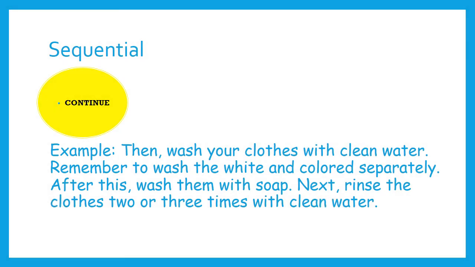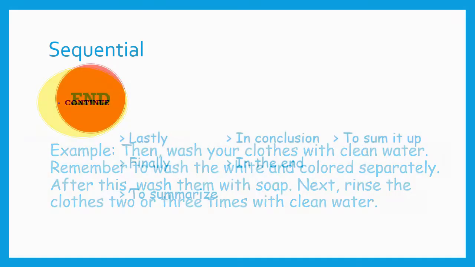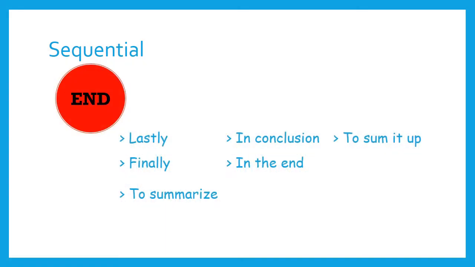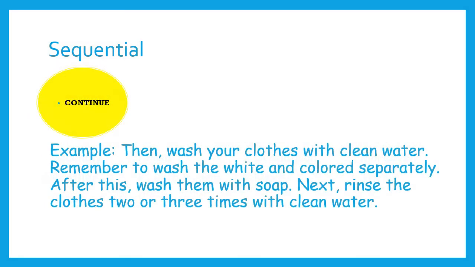Now, how do we end a sequence or order? Read the following commonly used transition signals in ending your paragraph or speech. We have lastly, in conclusion, to sum it up, finally, in the end, and to summarize. So, in our example, what is the last step you do in washing your clothes?